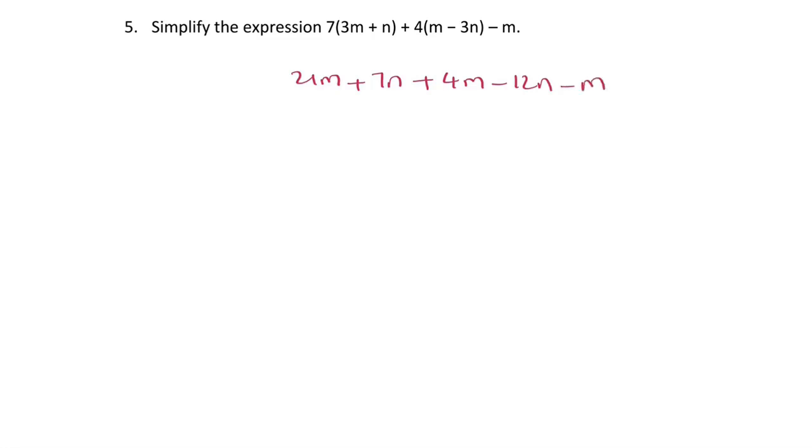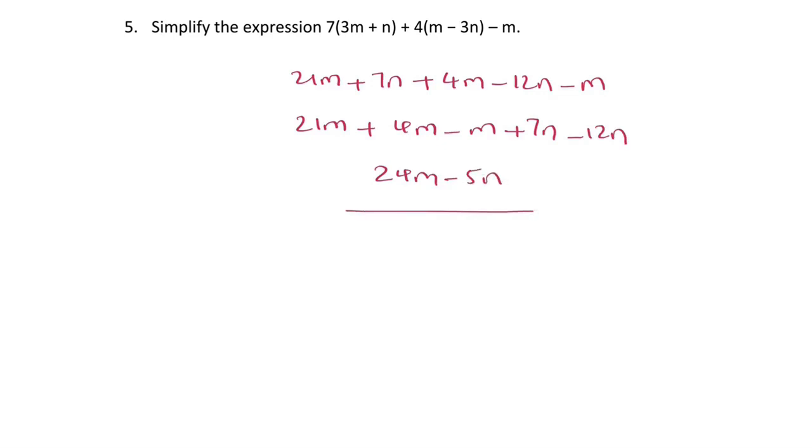Okay, so now let us collect the like terms. Then we are rearranging this as 21m plus 4m minus m plus 7n minus 12n. Solving this, we are having 24m minus 5n, and this is going to be our answer.